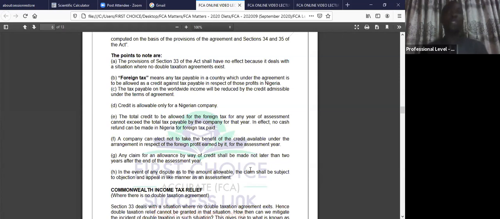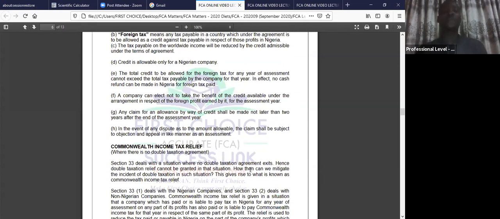You deal with the accounts and get the total income. Then foreign tax divided by total income times 100 gives you your foreign tax rate. This is what you'll use to compare with the Nigerian tax rate in percentage to see which one is smaller, and that is what you will use to exercise your relief.